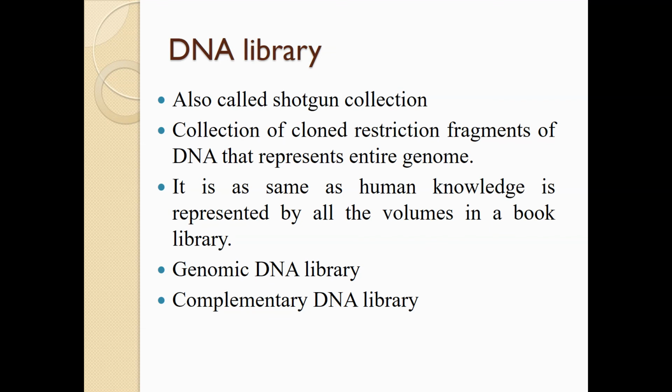Then these fragments are attached, by the same restriction endonuclease enzyme acting on the same type of plasmid, and by DNA ligase enzyme a large number of chimeric DNA molecules are synthesized. So it is also known as the shotgun technique.